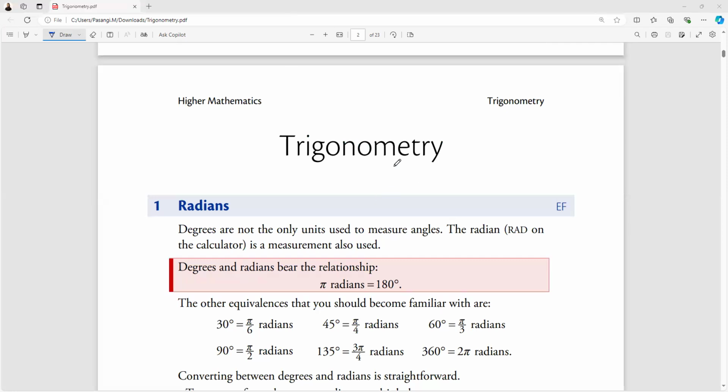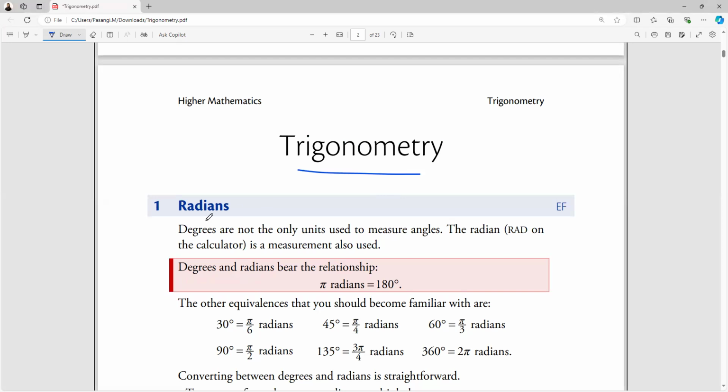But normally, for trigonometry, we measure angles using radians. So now the next question is how we can connect the radians and the normal degrees together.